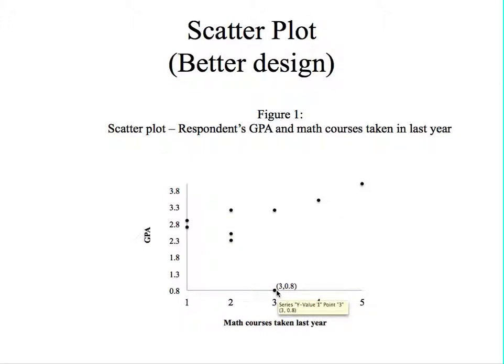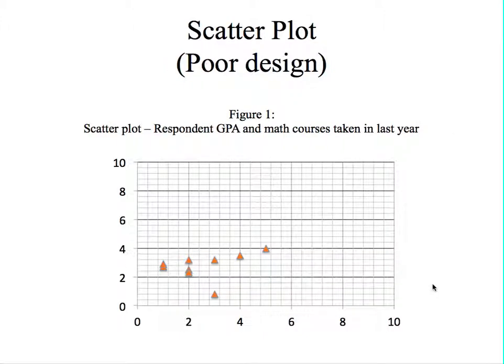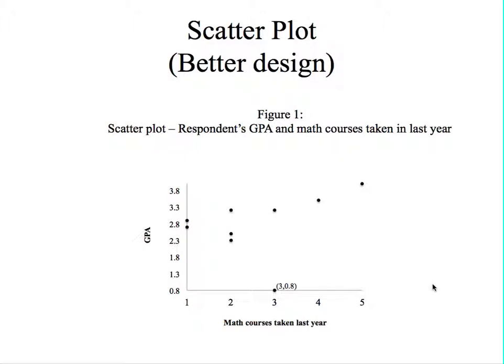This one has 3 courses taken and a GPA of 0.08. This is clearly an outlier, and we are labeling it. We took a lot of the chart junk out of it, we correctly labeled it, and we end up with a lot nicer scatter plot.